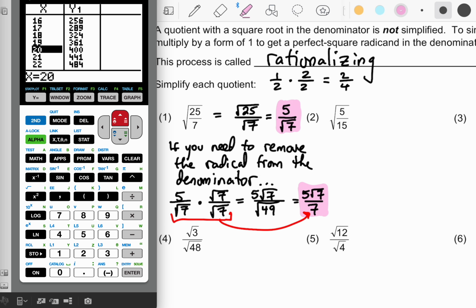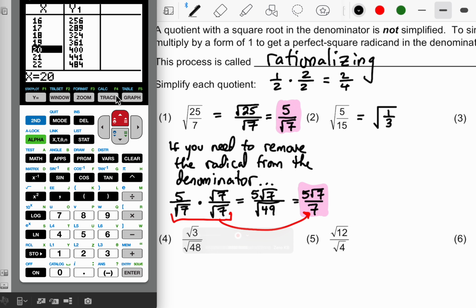Maybe not all the time, but that's a good habit to get into. You see a fraction, you think, what would happen if I simplified it? Well, both of these terms, the 5 and the 15, are divisible by 5. So this would reduce down to 1 over 3.